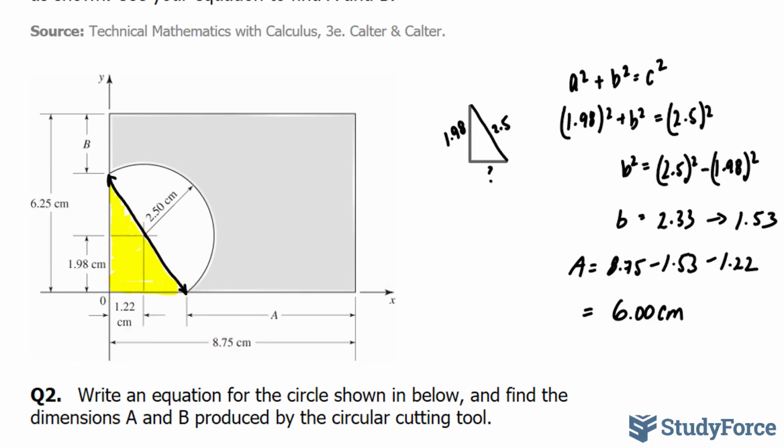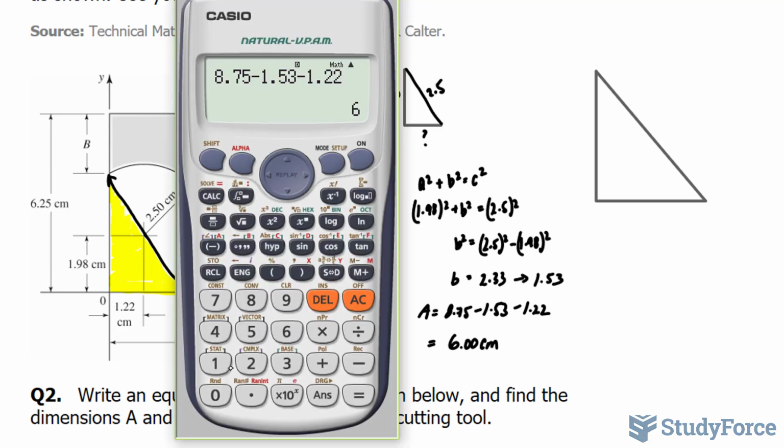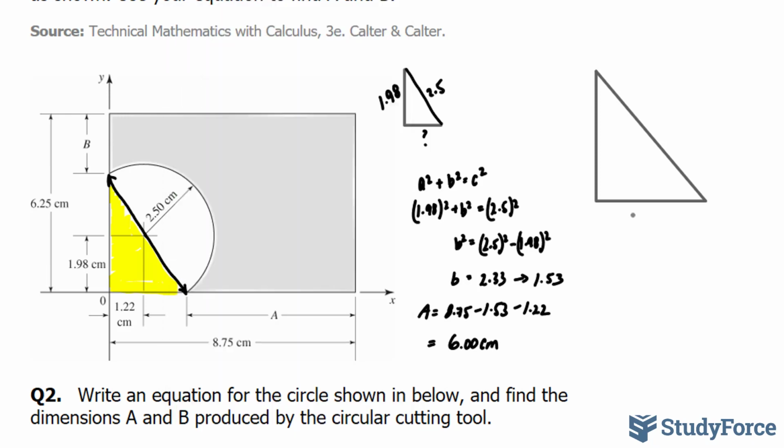With this right triangle, we can find out the length from here to here. And the way we do that is add up the length from here to here. So using our calculator, we have 1.22 plus 1.53. That gives us 2.75. The hypotenuse we know is 5.